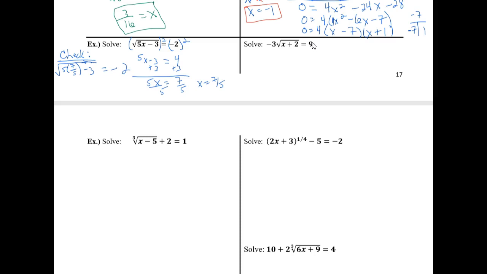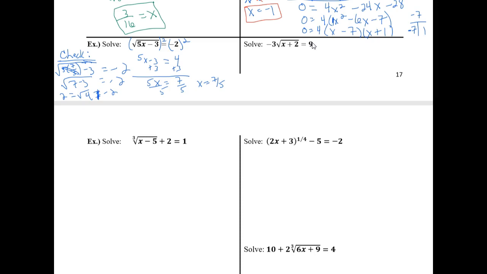Alright, 5 times 7/5, the 5's divide out. I'm left with 7 minus 3, and 7 minus 3 is 4. And square root of 4 is a positive 2. So square root of 4 can never equal negative 2. It's going to end up positive 2.